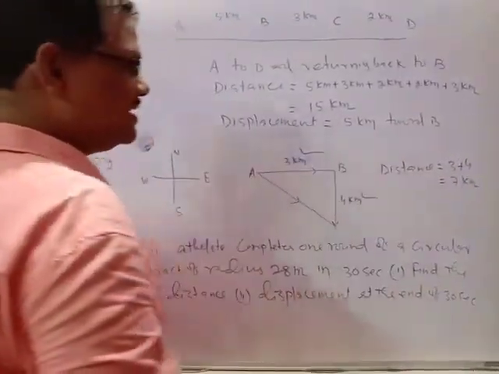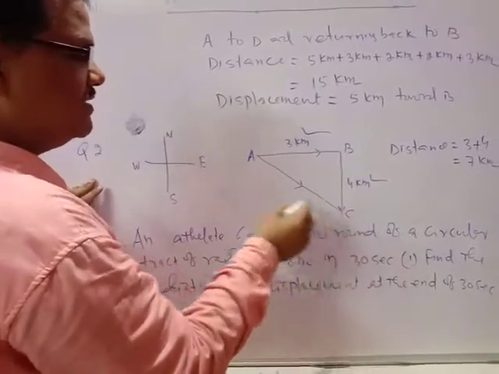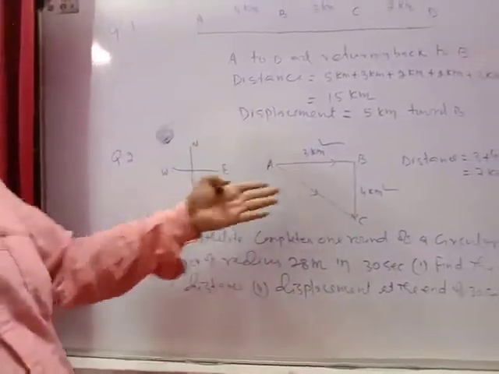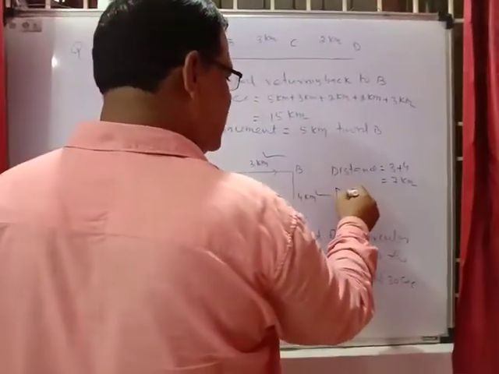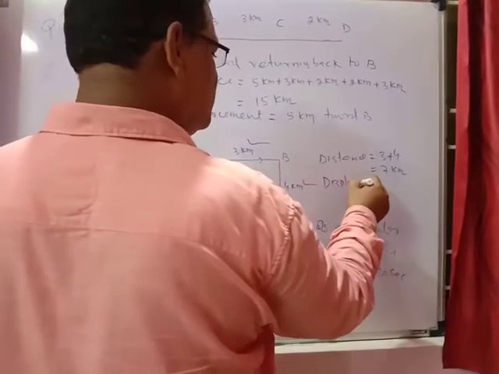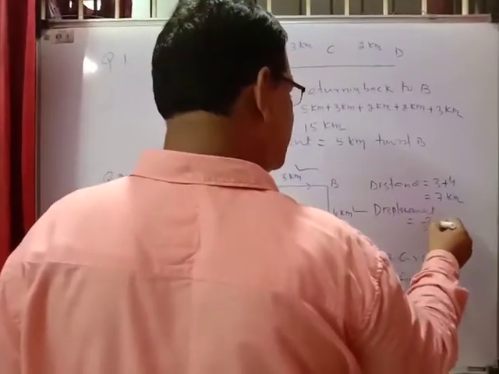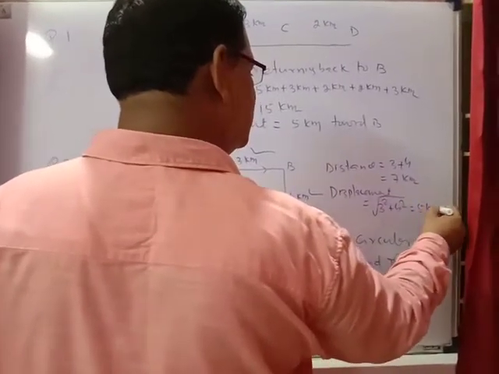And what will be the displacement? This is the initial position and this is the final position. By using the Pythagoras theorem, AC will be equal to the displacement, that is the square root of 3 square plus 4 square, which is equal to 5 km.